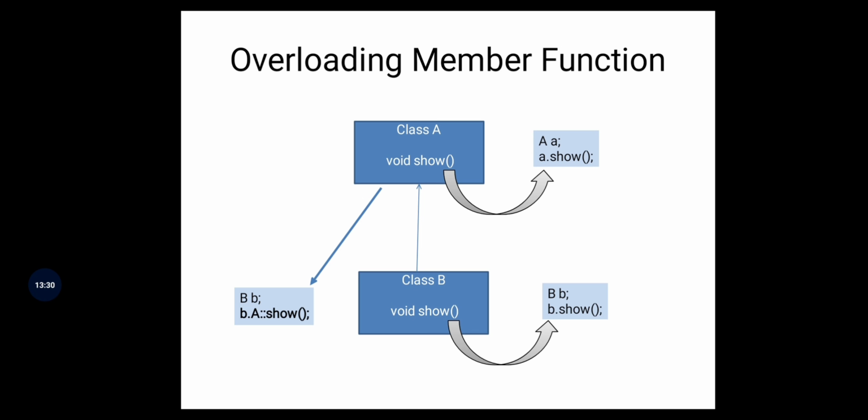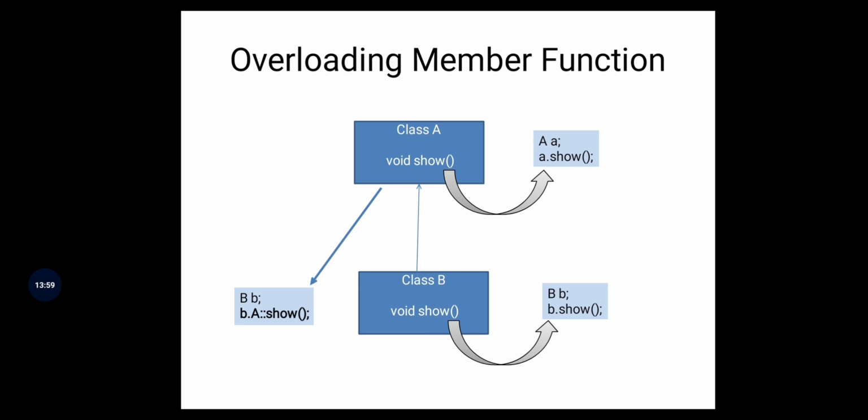If you look at this simple example diagram which we have discussed in the class, we have two classes here, where class B is inheriting from class A. You have a show method, which has the same name. So you have two methods with the same name, one in the base class and one in the derived class. When you invoke using an object of the base class, you get the base class show.